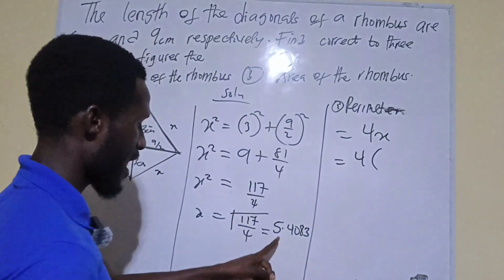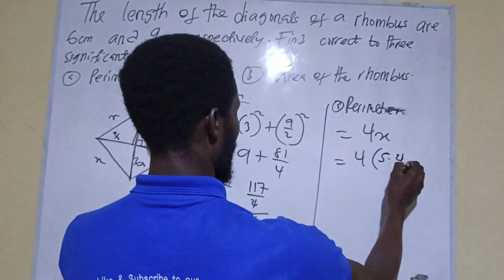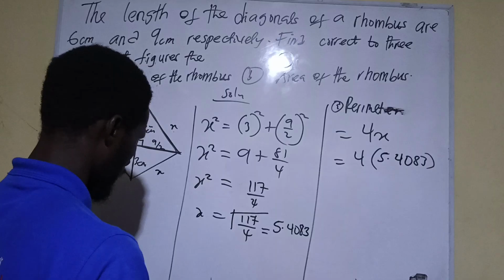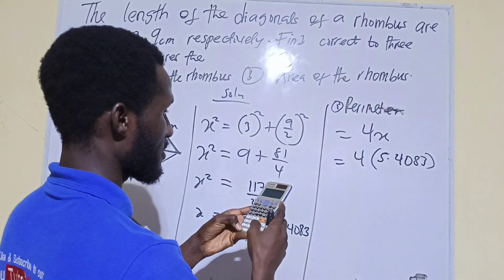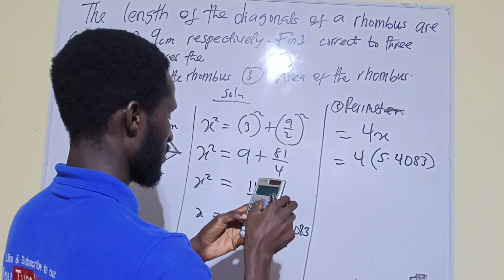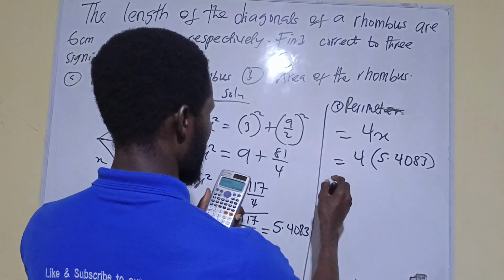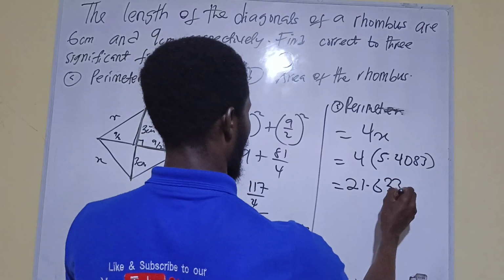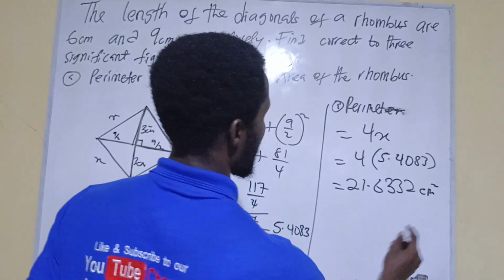So 4 times 5.4083 gives us 21.633 centimeters.